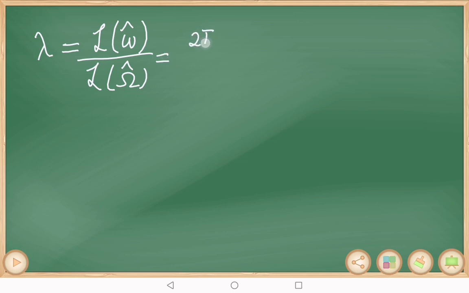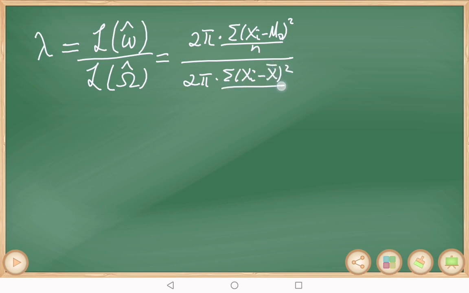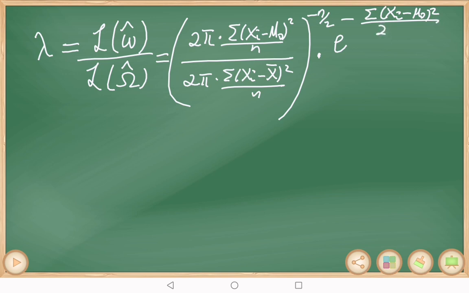And here we have 2 pi multiplied by summation xi minus mu naught squared over n, to the power minus n over 2, then multiplied by exponential of minus summation xi minus mu naught squared over 2 times the maximum likelihood estimator for the variance under the null hypothesis, which we found just now as the following.